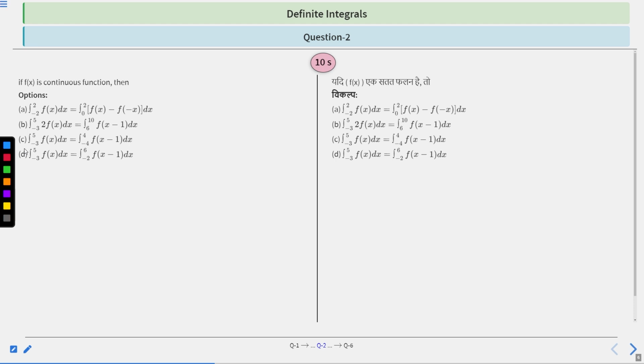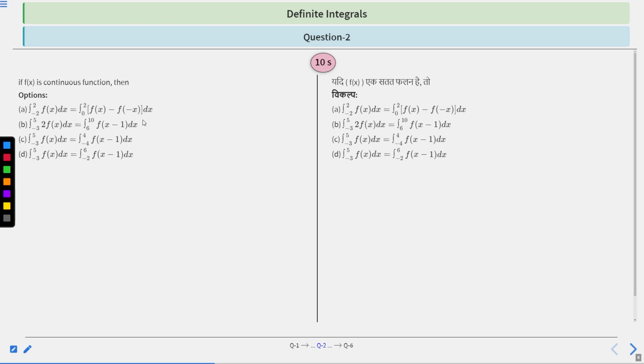So the hint of this question is: option A says that the integral from minus 2 to 2 of f(x) dx is equal to the integral from 0 to 2 of f(x) minus f(minus x) dx, like that.